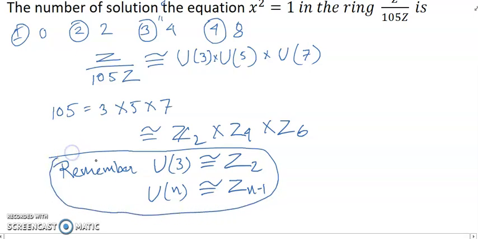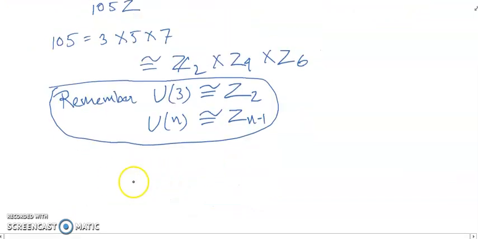Un means the group under multiplication, and Zn is the integer group under addition. So friends, we can write Z105 this way.